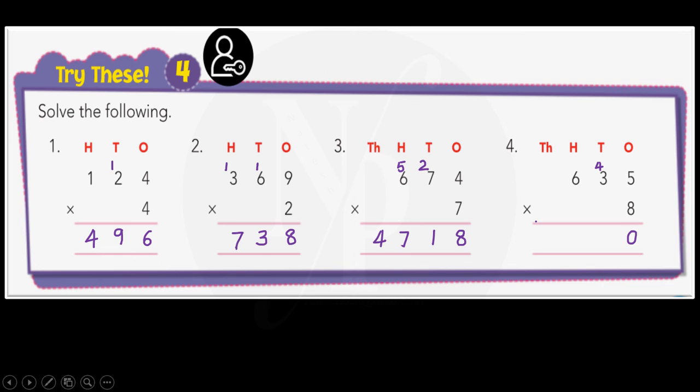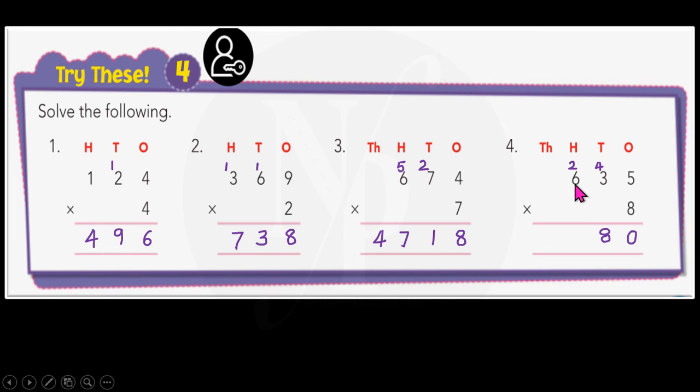Now we multiply these 3 tens by 8. So 8 threes are 24. 24 plus 4 is 28. So 28 tens are regrouped as 2 hundreds and 8 tens. So 2 hundreds are carried forward to the hundreds column.